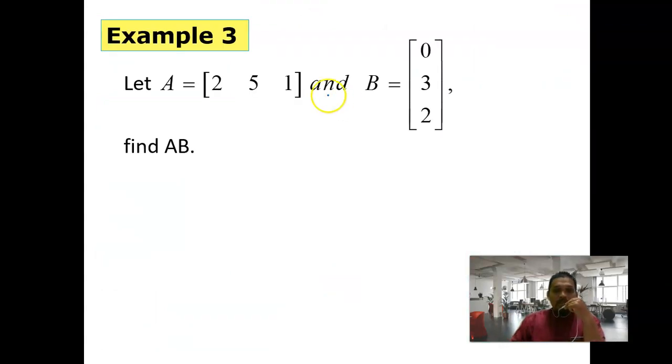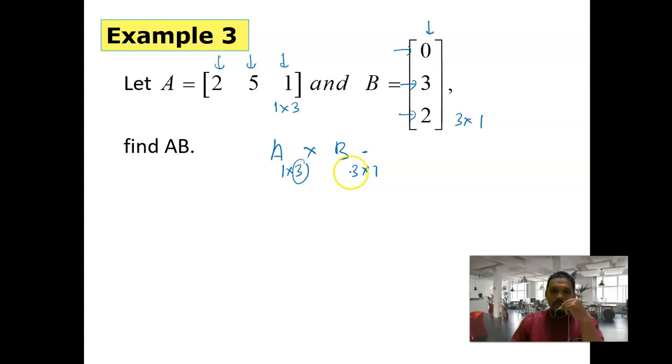This is a matrix of 1 row and 3 columns, so 1 times 3. And this is a matrix of 3 rows and 1 column. So multiplication of AB, A times B, with 1 times 3 and 3 times 1.